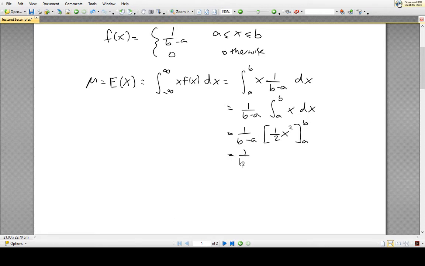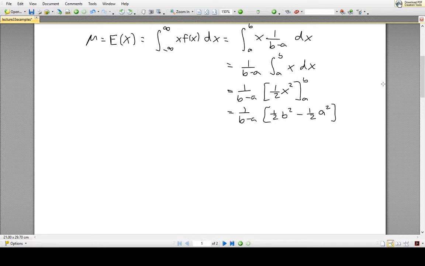That becomes 1 over b minus a times 1/2 b squared minus 1/2 a squared, which is 1/2 times 1 over b minus a times b squared minus a squared, which we can write as 1/2 times 1 over b minus a, times b minus a, times b plus a.